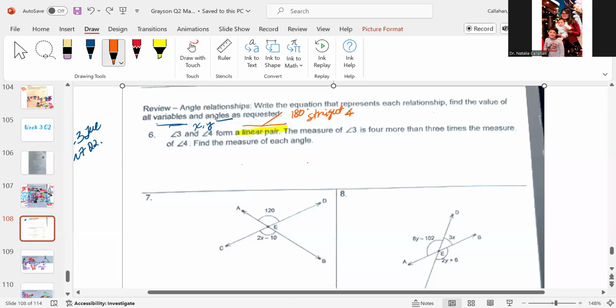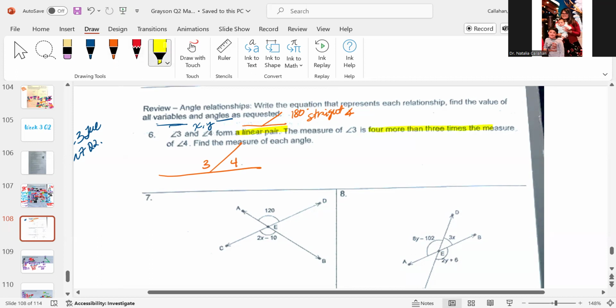So angle 3 and 4 creates a linear pair. So this is angle 3, this is angle 4. The measurement of angle 3 is 4 more than 3 times the measure of angle 4. So if angle 4 is, let's say, x, correct? What is angle 3 going to be?